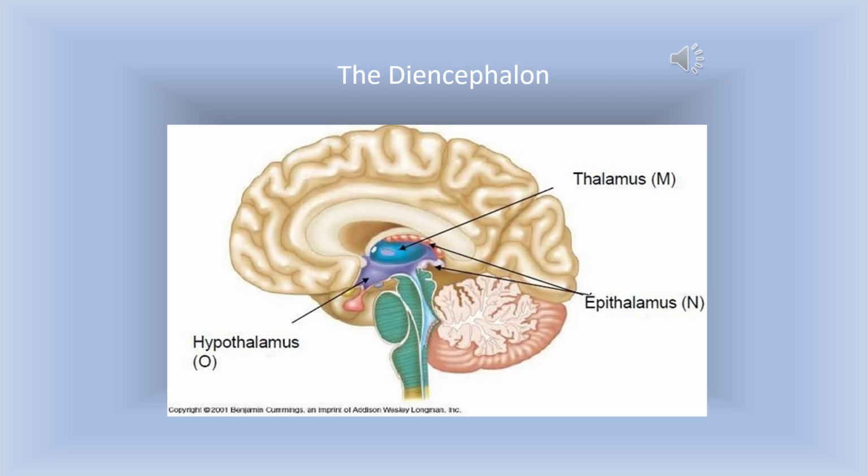Also included in the diencephalon would be the epithalamus. The structures of the epithalamus include the pineal gland, which is the secretor of the hormone melatonin. And then again, shown there in a funky shade of orange, that structure is called the habenula, part of the epithalamus.